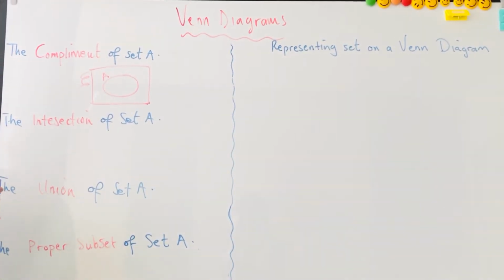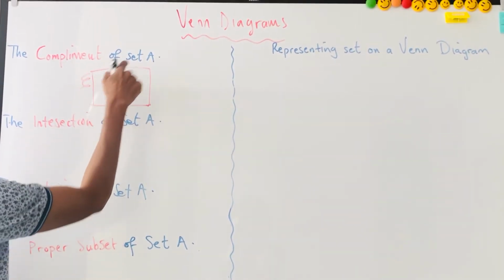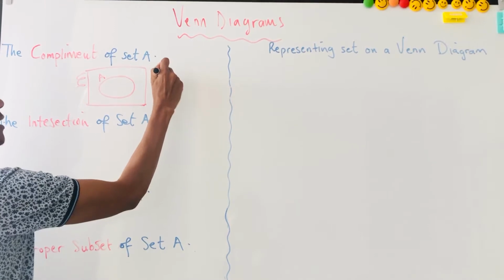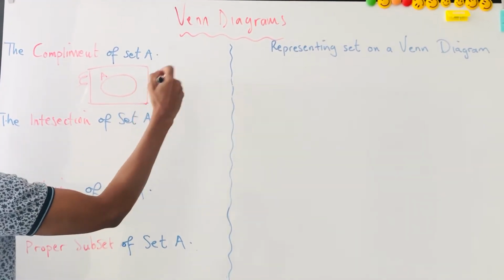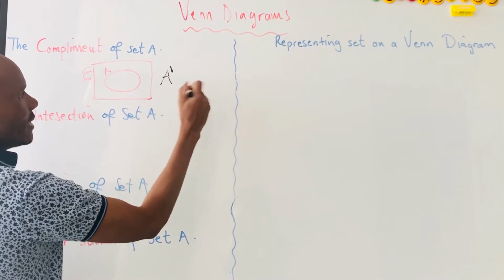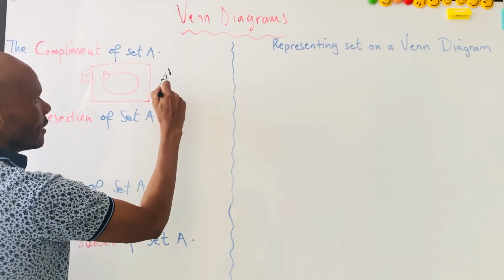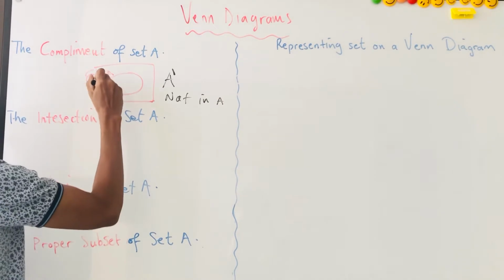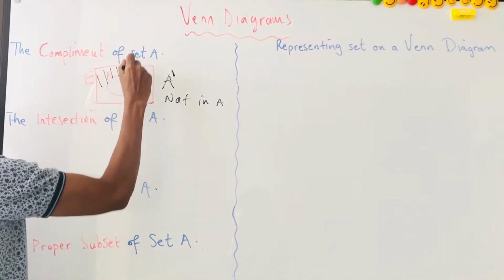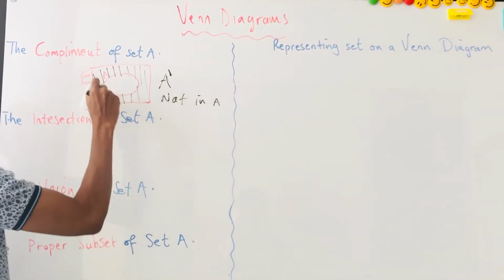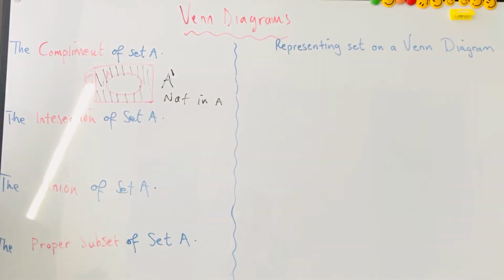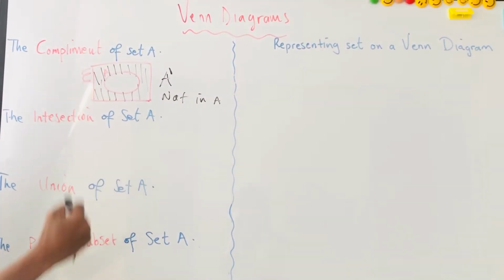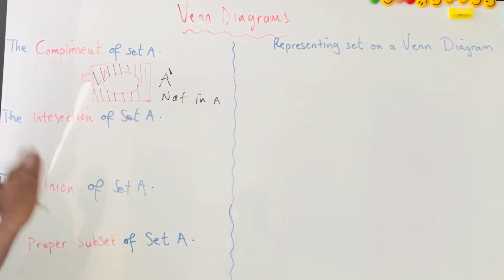So the complement of set A, this is how we denote it, means everything that is not in A. So I'm talking about everything else that is not in A. Complement: not in set A.